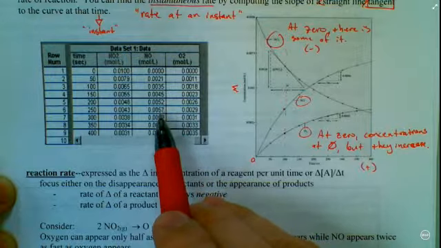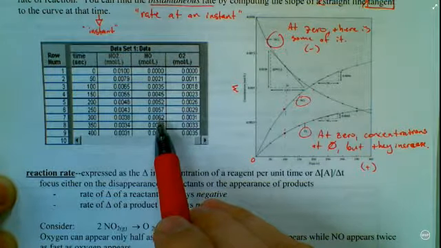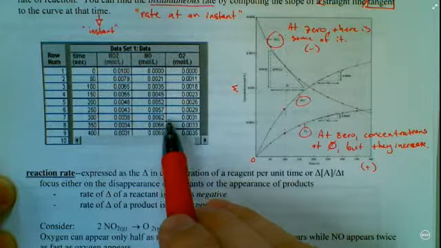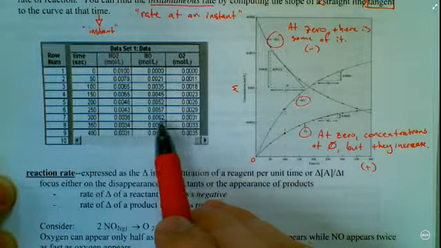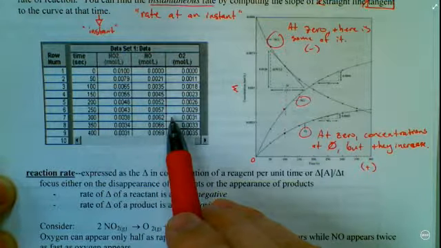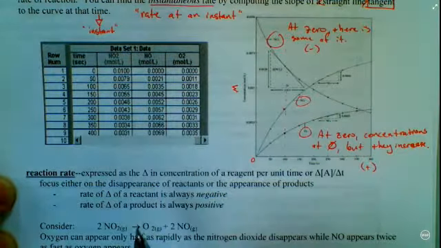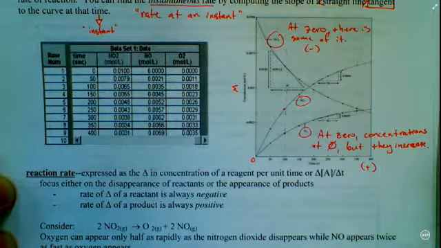And go down here at 300 seconds, just randomly. Here's the concentration of NO, here's the concentration of O2. Again, it's about twice that. So there's your relationship between your two products, the O2 and the NO.